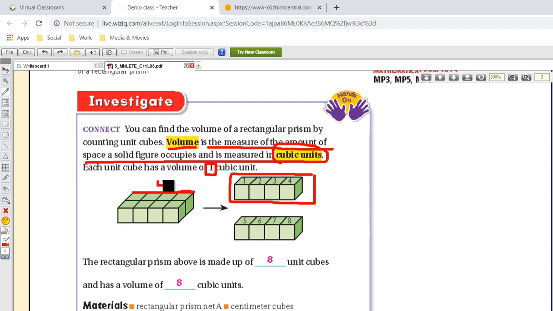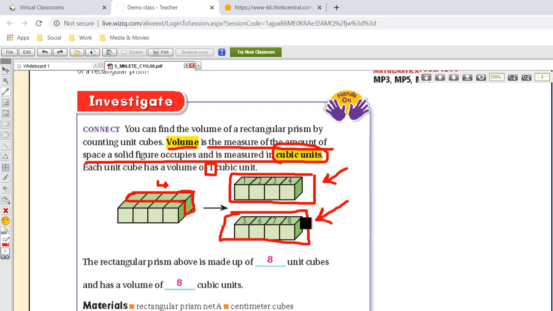Okay, and the same here. So this three-dimensional figure consists of two rows. The first row consists of 4 cubic units, and the second row equals 4 cubic units.